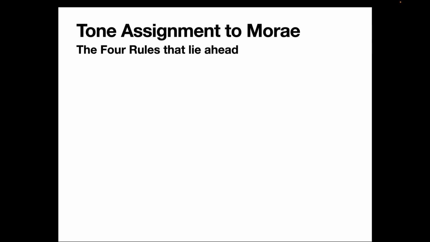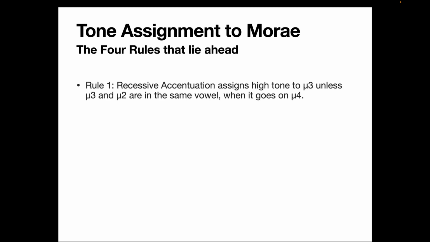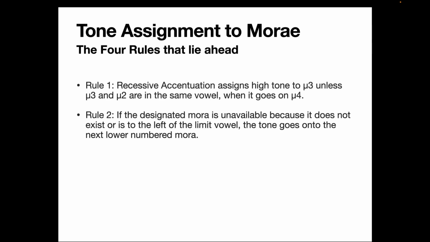And in fact, I'm just going to give you a glimpse at what the rules are. Rules 1 and 2 both deal with recessive accentuation. The first one is the basis of recessive accentuation, and that defines the default position of the high tone as mora 3, unless it is in the same vowel as mora 2, when it's going to go on mora 4.